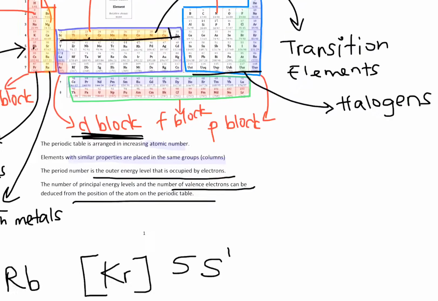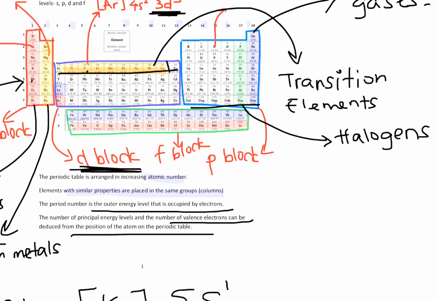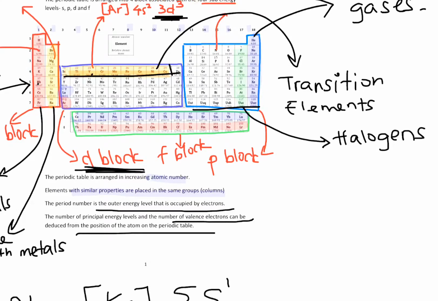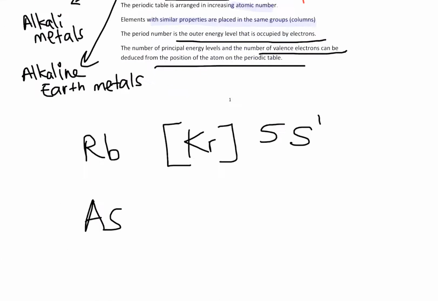If we do astatine, so let's look at astatine. Astatine is here, and we'll do the same thing, the noble gas which is just before it, that's argon. We're not going to look at krypton because krypton is after it. Sorry, that's arsenic. Yeah, so for arsenic, we'll look at argon, which is the noble gas before it. So argon.